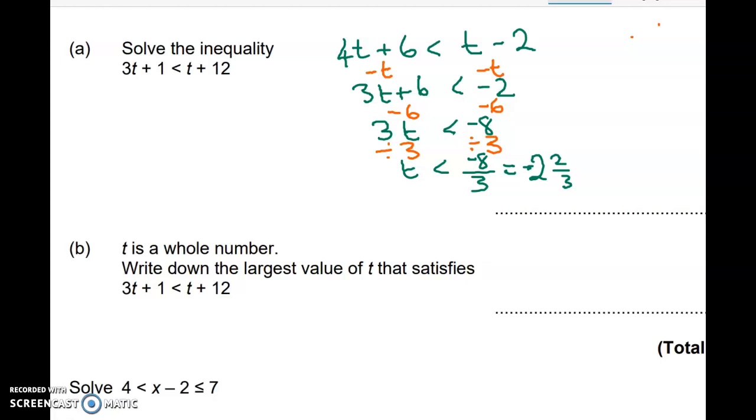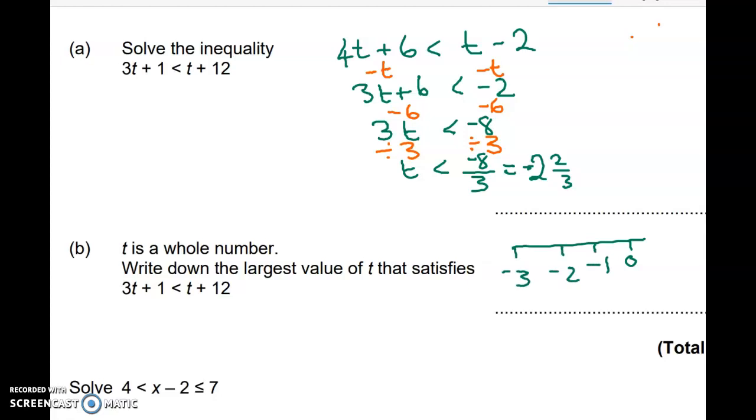Now, part B is asking for the whole numbers that t could be. So t is less than minus 2 and 2/3. If we had a number line here, we'd have 0, -1, -2, -3.